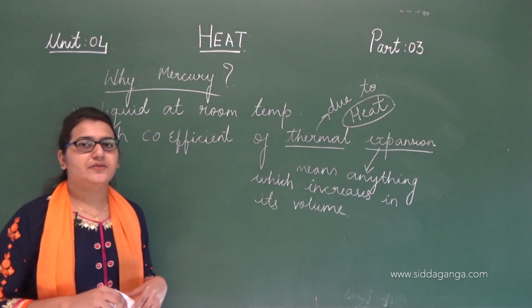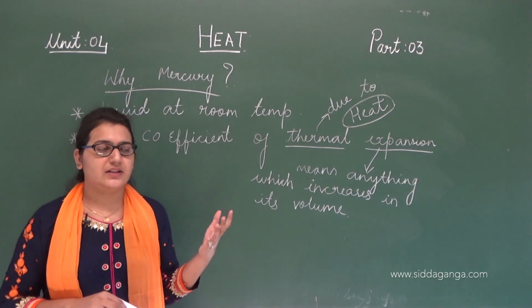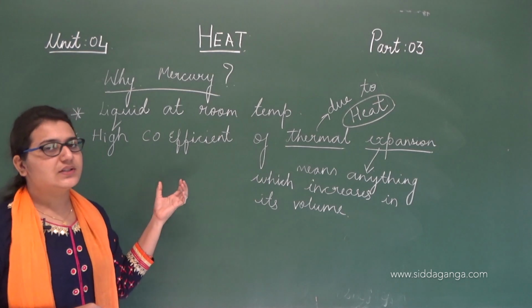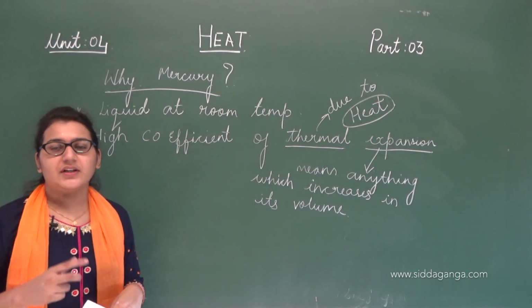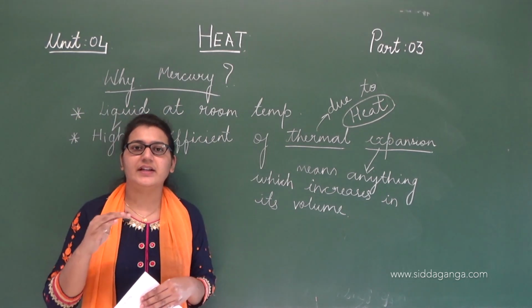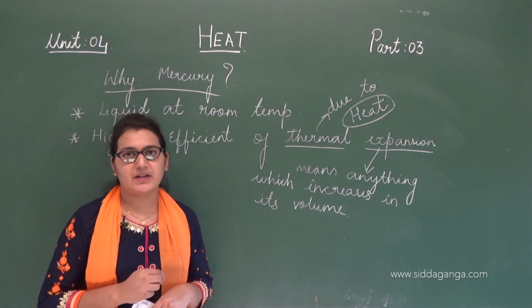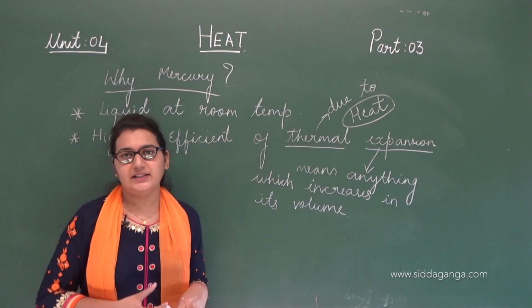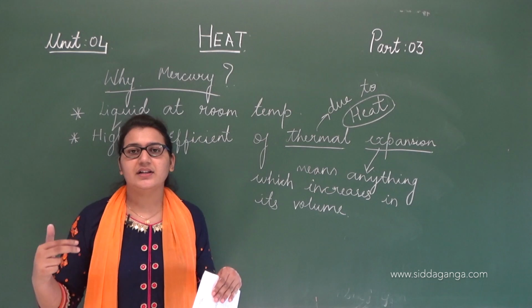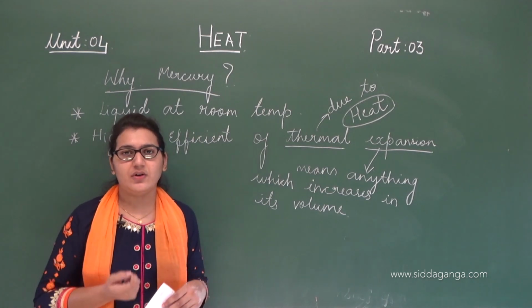And also, if any material used has a very low coefficient of thermal expansion, then even if there is an increase in temperature, it can hardly detect it. It cannot detect the rising temperature because it has low expansion.